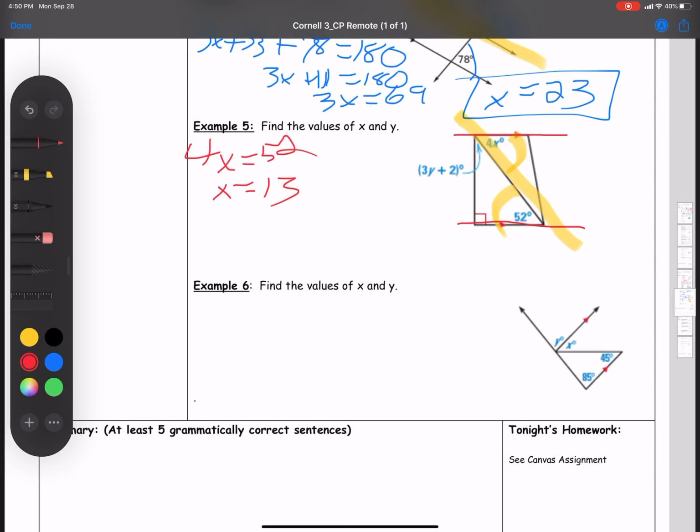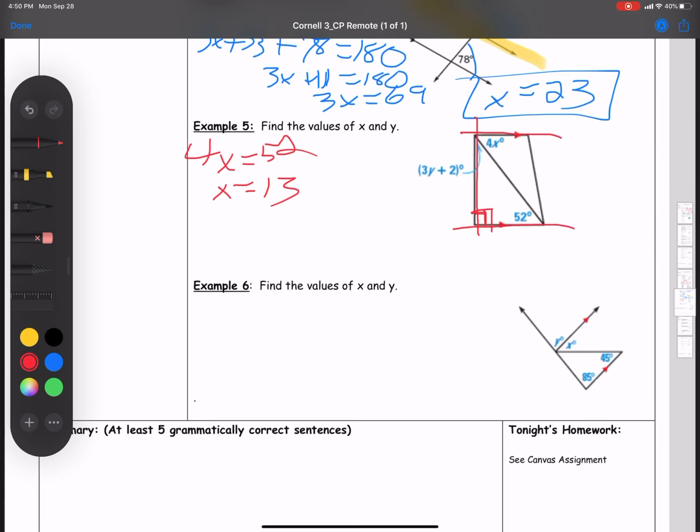So, next thing, well, we need to do a little bit of thinking outside the box here. Ready? So for y, I have this down here is 90 degrees. And this is now my transversal that I'm going to use.